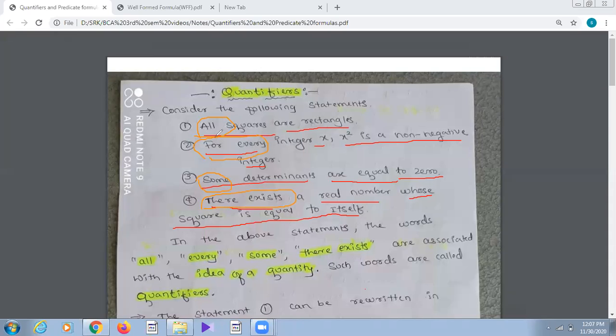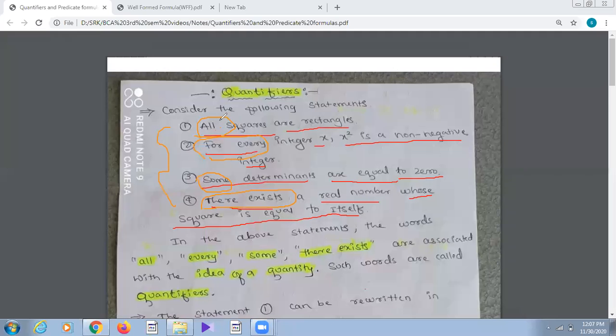For every integer x, x square is a non-negative integer. Some determinants are equal to 0, and there exists. So these words, all, for every, some, there exists, are telling about the quantity of particular things.